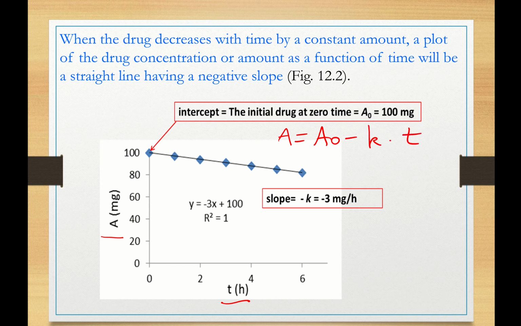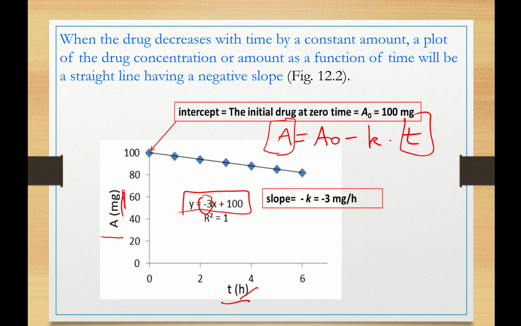So I plotted A versus time. K is going to be my slope. Here is the best fit equation, and you can see that the slope is -3. So slope is equal to -K, which is equal to -3. Units is milligrams per hour.